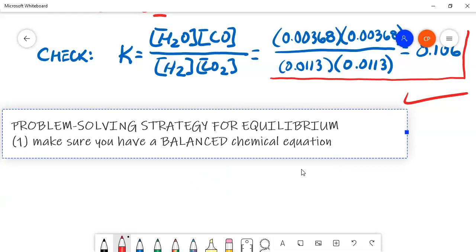If those problems do not, you better make sure the equation is balanced. Everything that follows in one way or another is dependent upon the balanced chemical equation. And if we don't have a balanced chemical equation, the entire mentality of the problem solving falls apart.